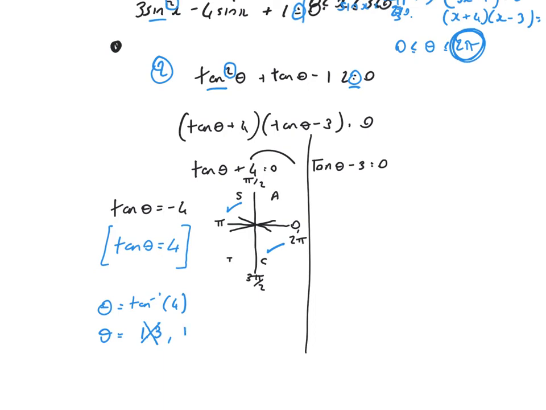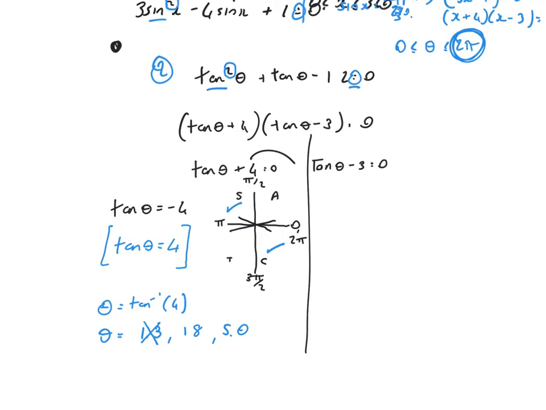Okay, in one decimal place that is 1.8 radians. I'm also in the cosine quadrant, so remember in the cosine quadrant it's 2 pi take away 1.3, and in one decimal place that's going to give me 5.0.